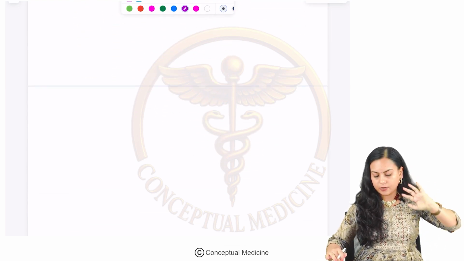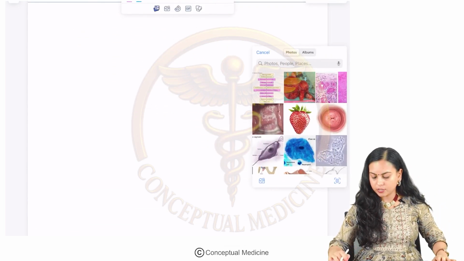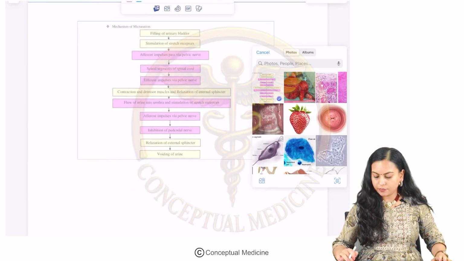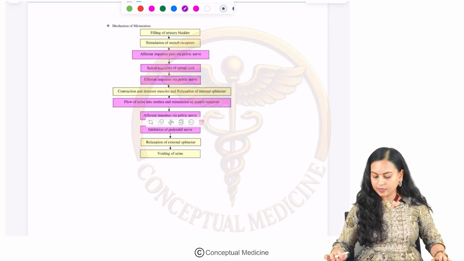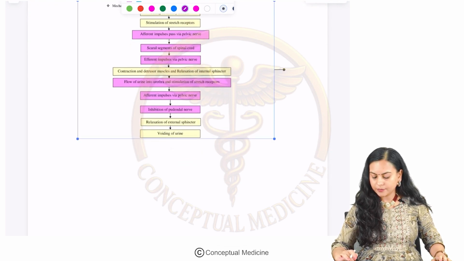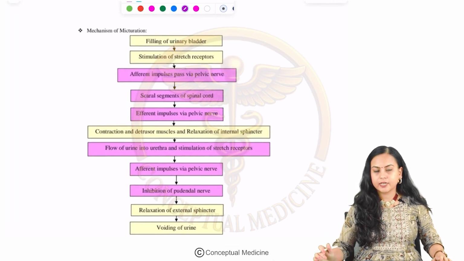Okay. Now, let's see about the mechanism of micturition in detail to understand the incontinence.